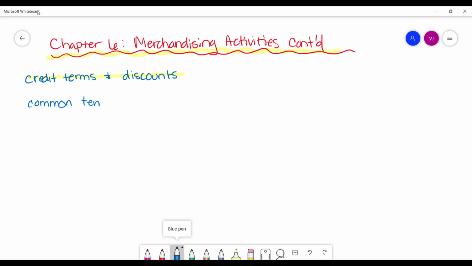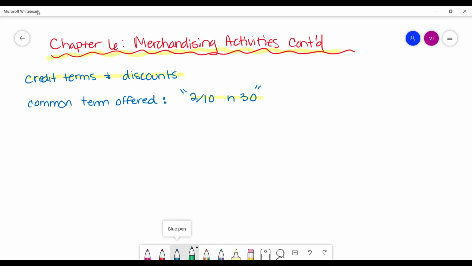Terms vary greatly, but a common term that will be offered is 2/10 net 30. If I'm a company buying something on account from my supplier, this might be a common credit term that they attach to that agreement.